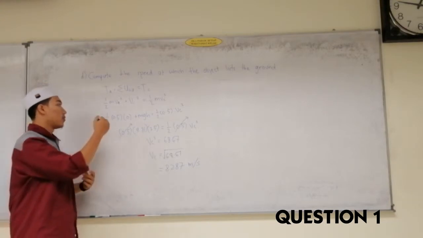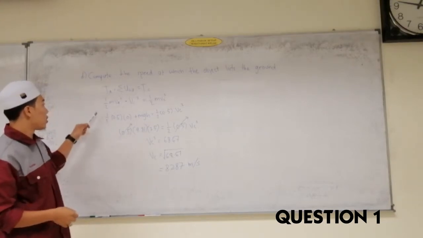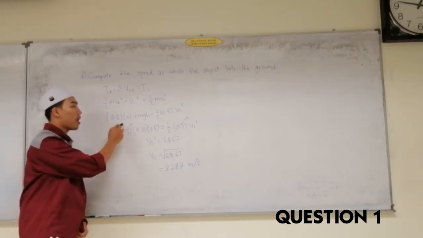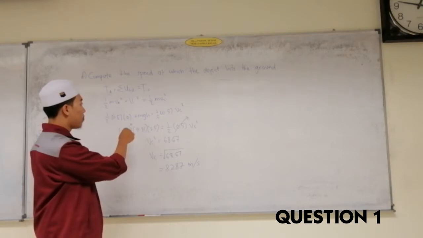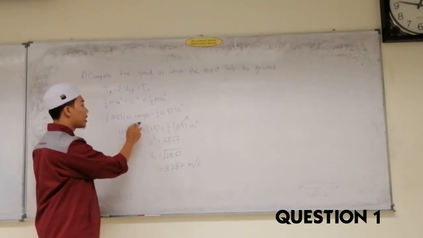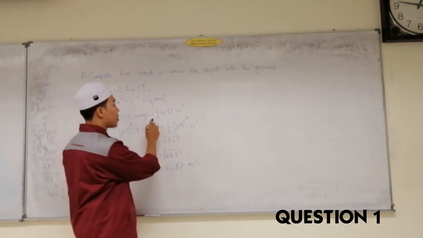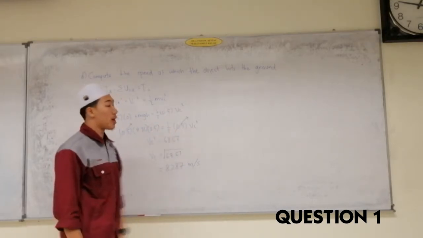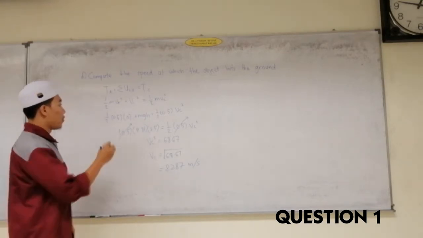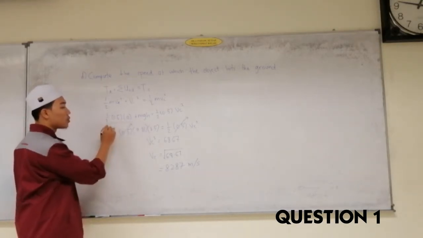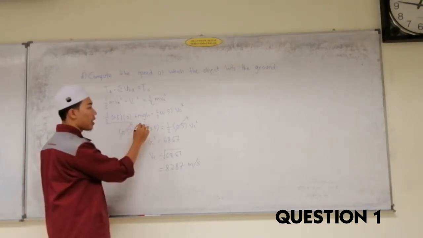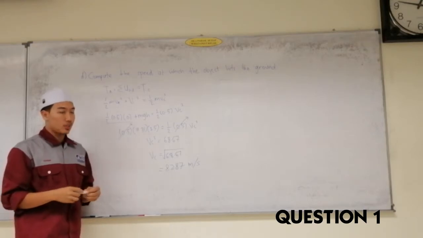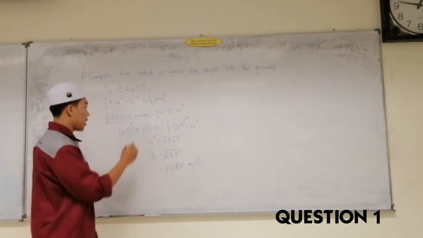So we put the values into this equation: 1 over 2 times 0.5 times 0 plus mgh equal to 1 over 2 times 0.5 multiplied with VC squared. From this the first term is 0, so only mgh is left equal to 1 over 2 times 0.5 VC squared.